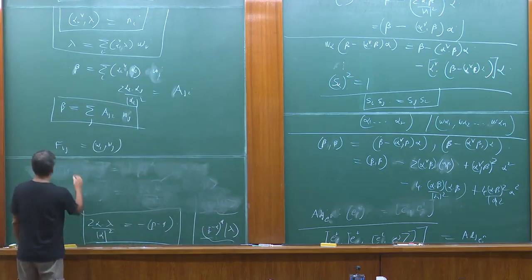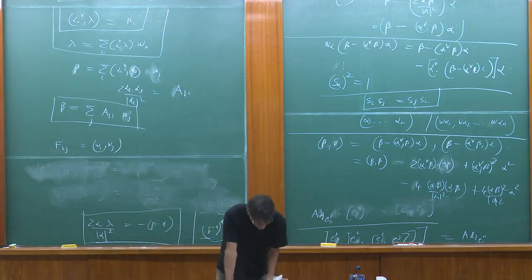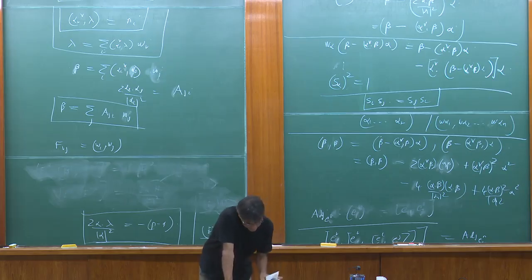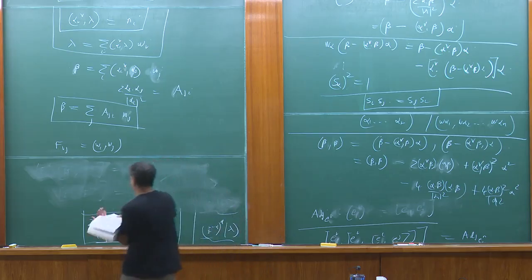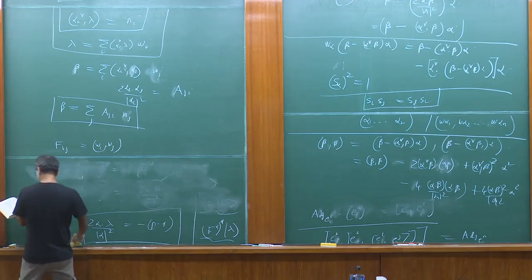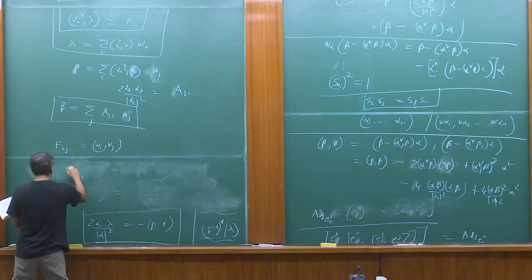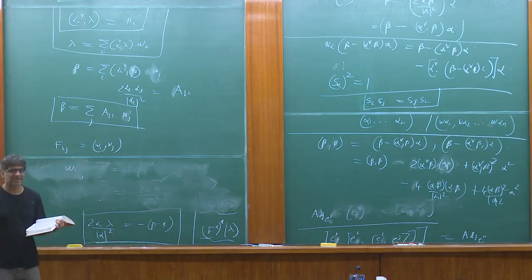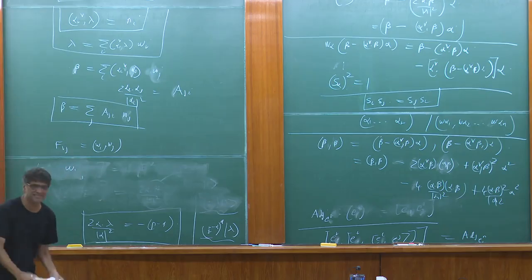Now in terms of this quadratic form I can do the following. Suppose I want to expand the fundamental weight omega_i in terms of these alpha_i vees.